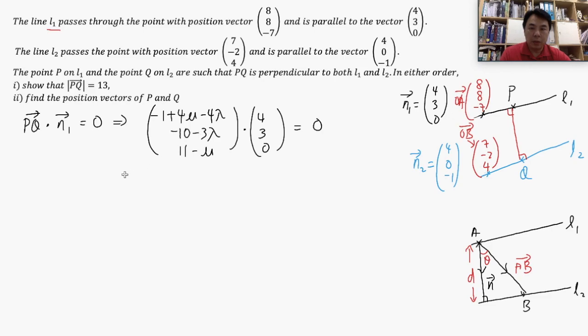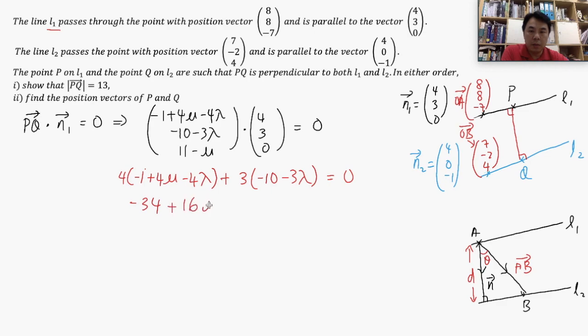So from here we have 4 times (-1 + 4μ), plus 3 times the second component, equal to 0. So from here we will have negative 34, we have 16μ, we have negative 16λ, that is negative 30, negative 34, negative 9λ equal to 0.